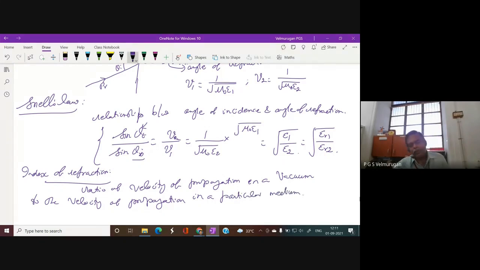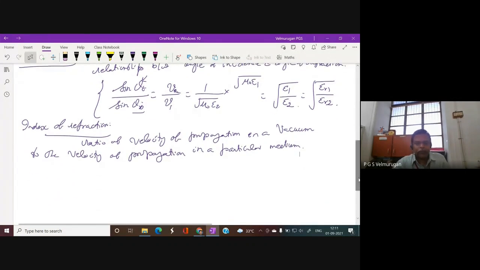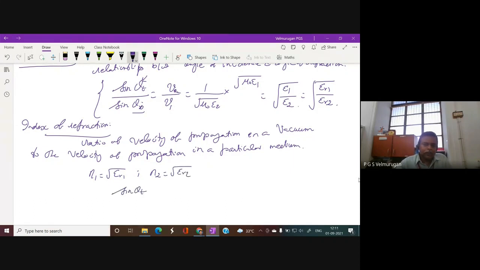So index of refraction is mainly used in our optical communication. We will discuss it in detail in our optical communication module. Here n1 is nothing but square root of epsilon r1 and n2 is square root of epsilon r2. Therefore sine theta t divided by sine theta i is equal to n1 by n2.